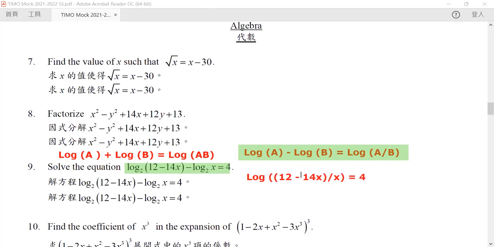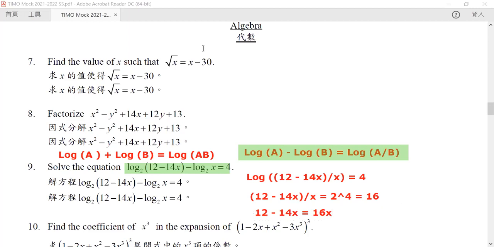But because it is a log function and the other side is an integer, we can do a reverse of log, an exponential of it. So we know that 12 minus 14x divided by x will be exactly equal to 2 to the power 4, which is equal to 16. Or in other words, 12 minus 14x is equal to 16x.